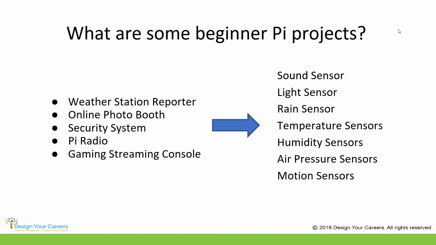There's also the weather station reporter, which fetches data from the internet to report the weather. The Pi Radio, which streams FM and AM, and the online photo booth and gaming streaming console are sort of add-ons which are just fun. But all of these have a commonality in that they all have a host of sensors that help bridge the gap between hardware and software.